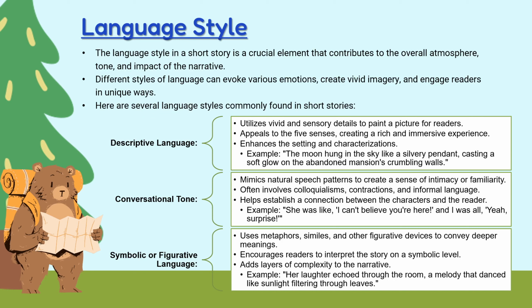For example, the moon hung in the sky like a silvery pendant, casting a soft glow on the abandoned mansion's crumbling walls. So they give you an image there. It describes the moon, and then the setting. So you have an image in your mind when you read that.